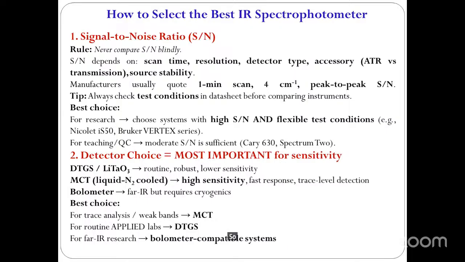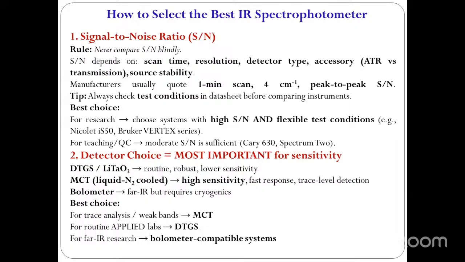As I discussed with you, a very, very important aspect in IR spectroscopy is signal to noise ratio. Signal to noise ratio depends upon scan time, resolution, detector type, ATR technique or transmission technique, and source stability. These are very important things we must check before purchasing the IR spectrophotometer.